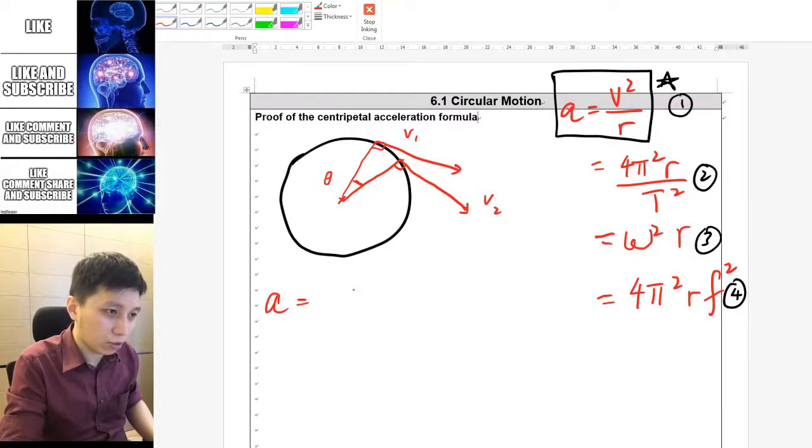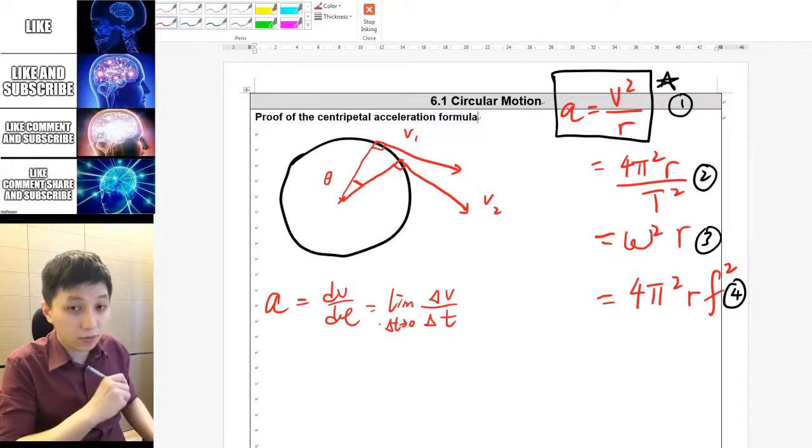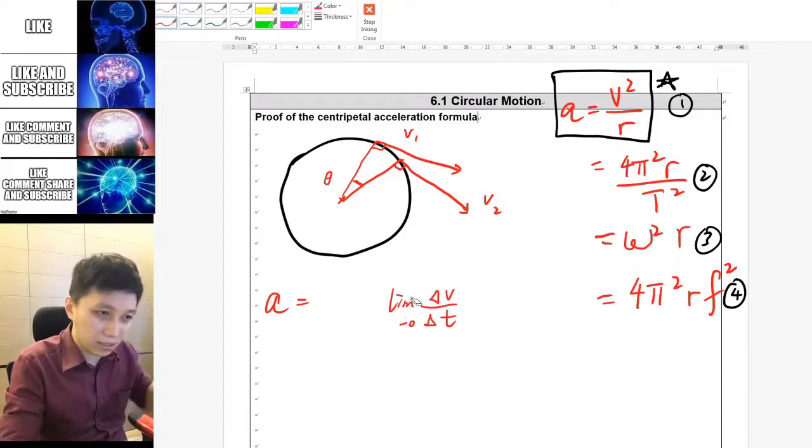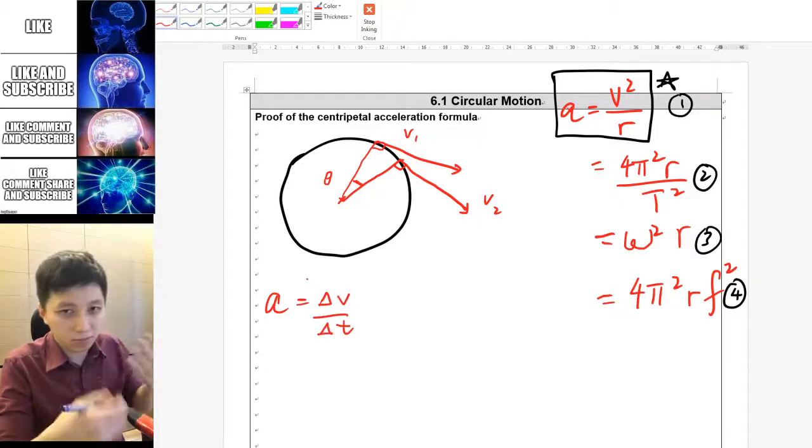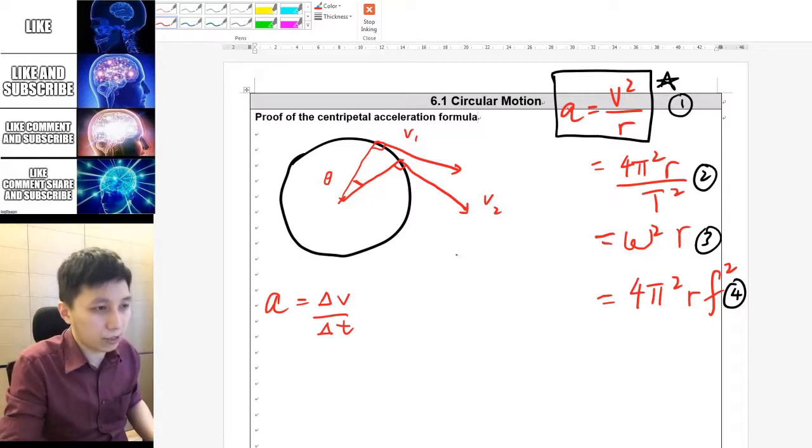In fact, what you are doing with dv over dt is like taking the limit of delta v over delta t while delta t tends to 0. This is a more fancy way in IB physics to express it. So let me just stick with a simpler way, delta v over delta t first.